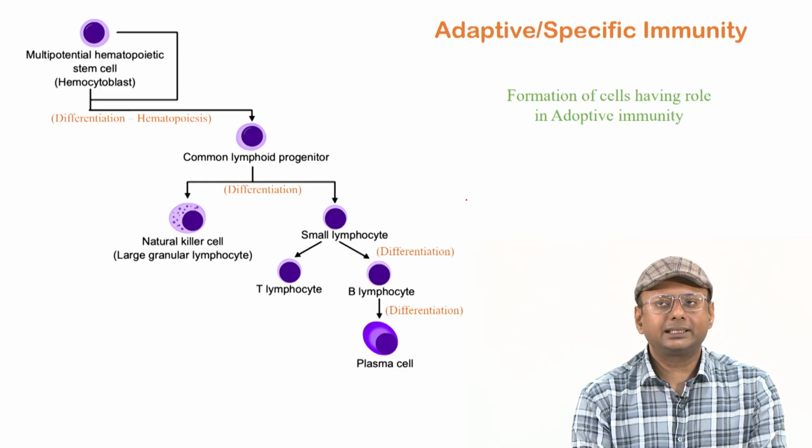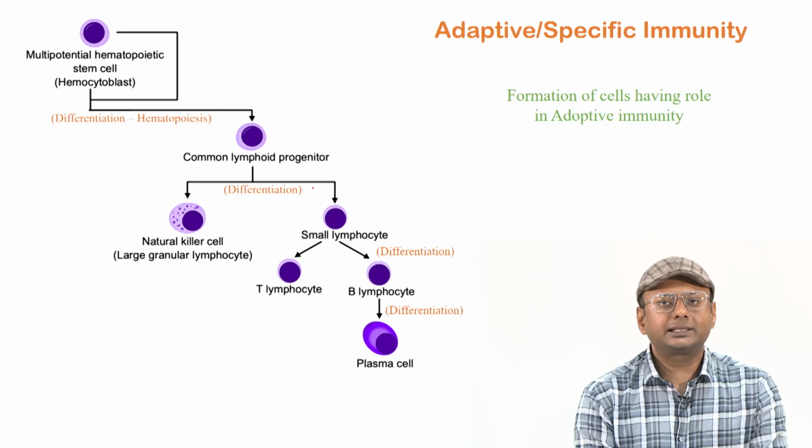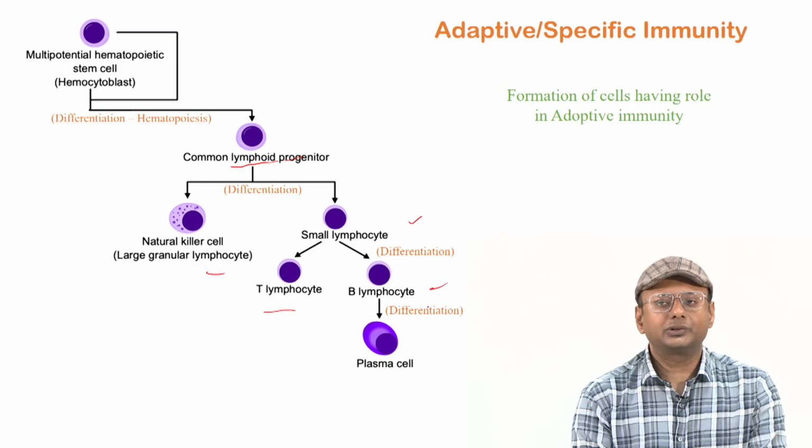So, you can see the chart of the adaptive or specific immunity, where in the same way the multipotential hematopoietic stem cells undergo differentiation and make the lymphoid progenitor cells. Then further differentiation happens, and it can form either a natural killer cell or a small lymphocyte that can further differentiate to generate either T lymphocyte or B lymphocyte.